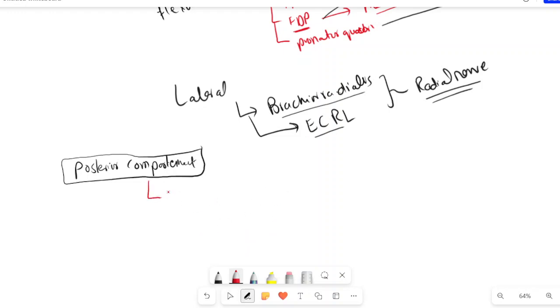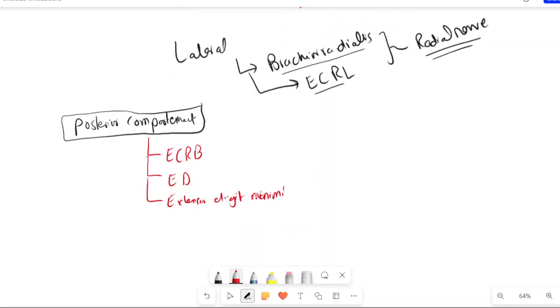First is the extensor carpi radialis brevis, extensor digitorum, extensor digiti minimi, and extensor carpi ulnaris. And then there is the anconeus.